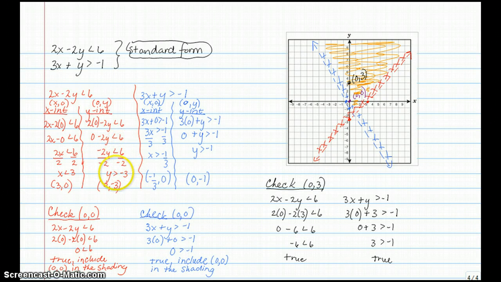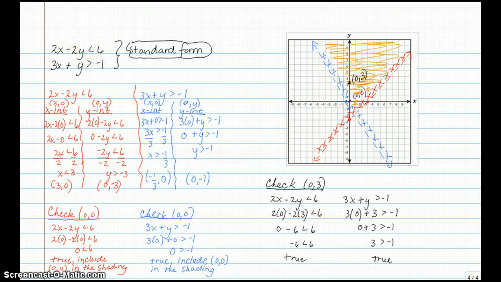That reverses the inequality symbol, and you have y greater than negative 3. Now the inequality symbol is not really that important here, but you should always practice it correctly. That's your intercept value, (0, -3), so you plot a point at (0, -3). So there's a point at (3, 0), there's a point at (0, -3). Draw a broken or dashed line because there is no equal sign on that first equation.